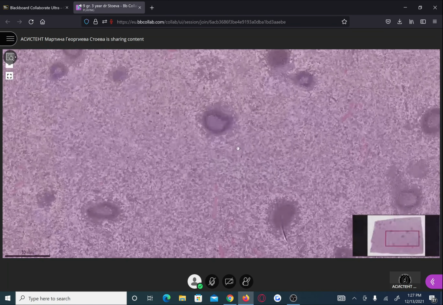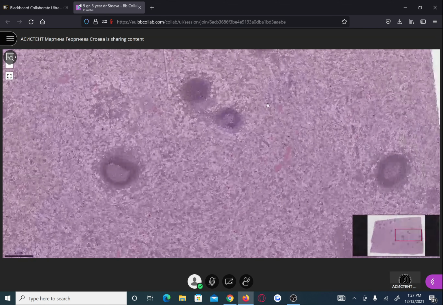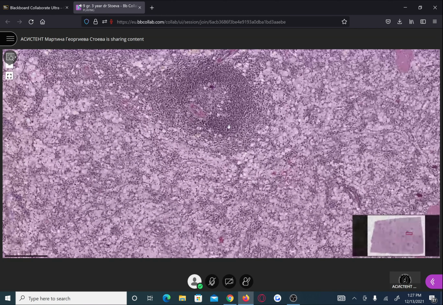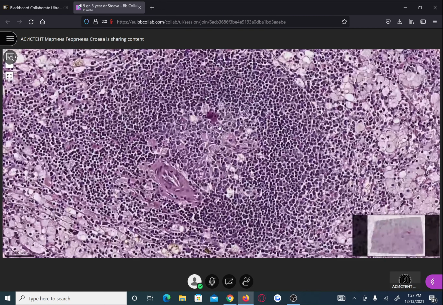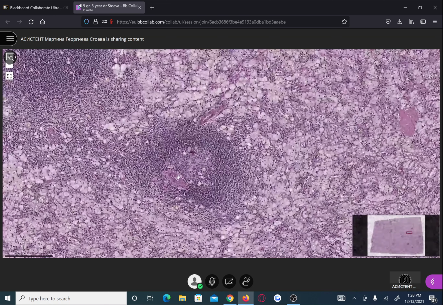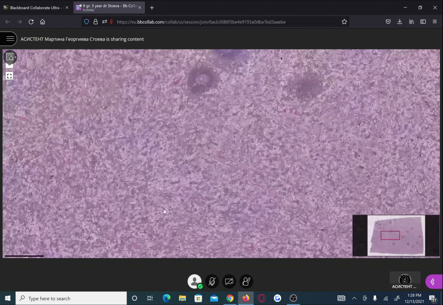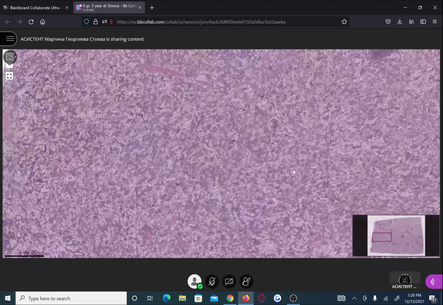Again, I will repeat that the centrally placed arterioles, here again, lymph follicle with germinal center and centrally placed arteriole. So these centrally placed arterioles show us that the specimen is from the spleen, but not from the lymph node.